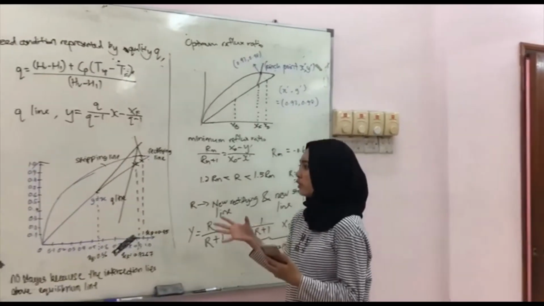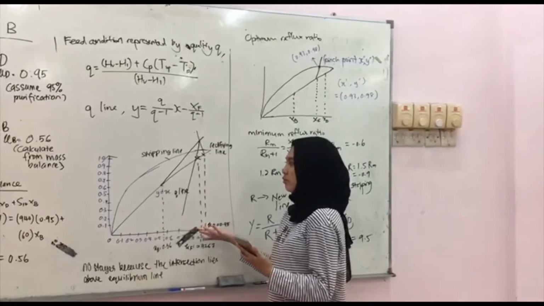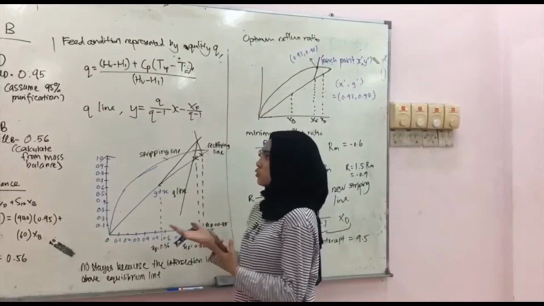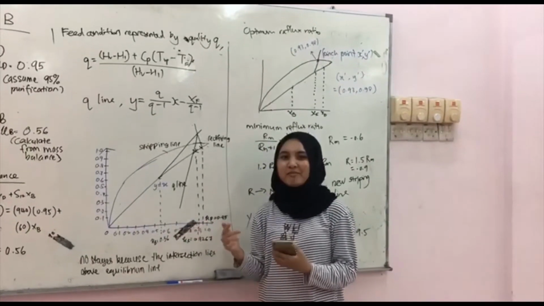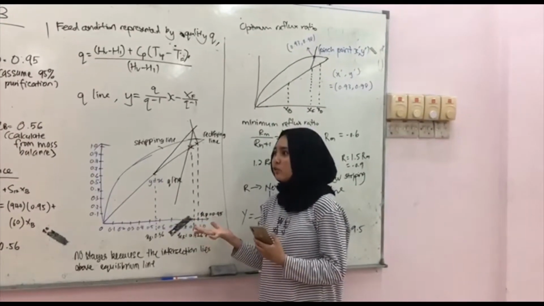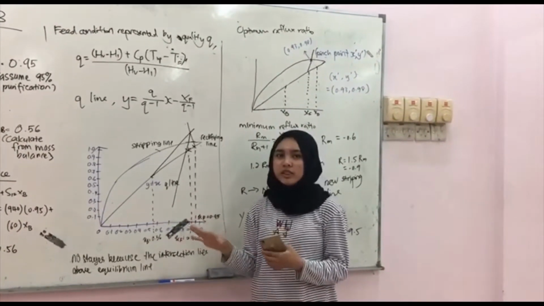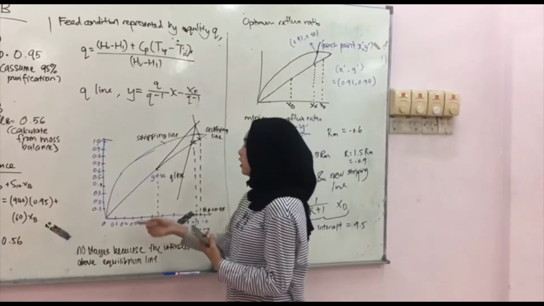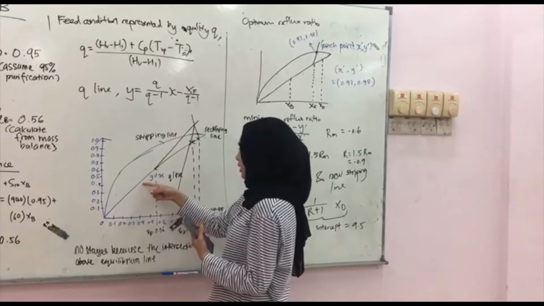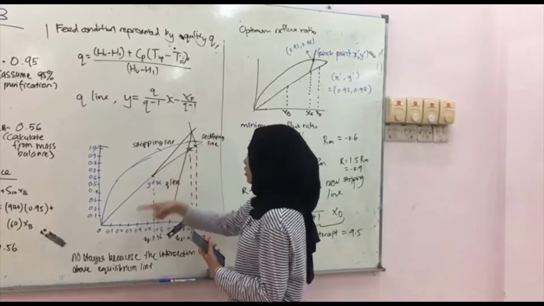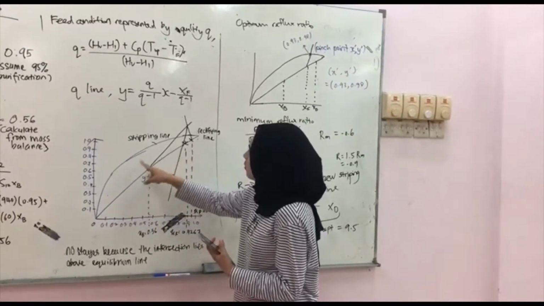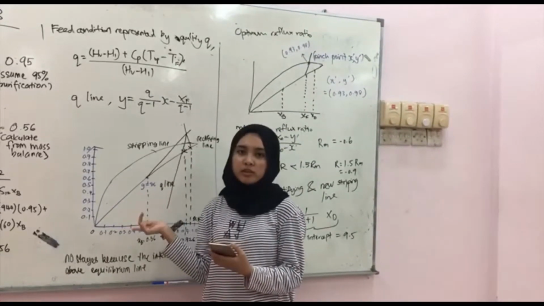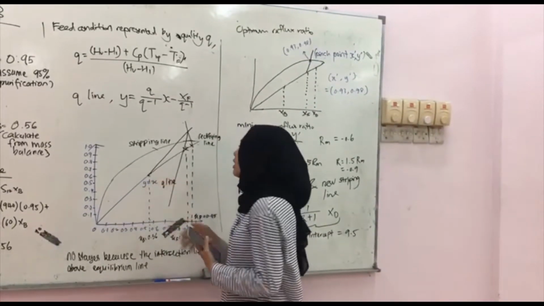Okay, so moving forward to the graph, this is the graph that we obtained. So we use the McCabe-Thiele method to estimate the stages. The first step is to draw the x equals y line. So this is our line, and then next we plot the equilibrium line that we obtained from the thermal part.